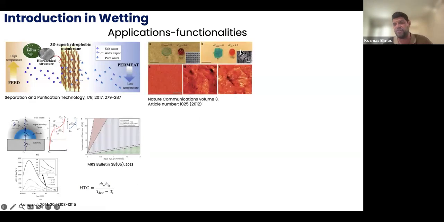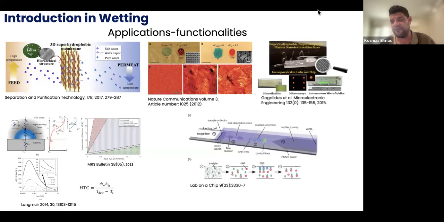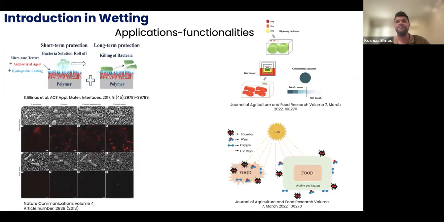Of course, I can tune fabrics or other membranes to absorb or repel water or other liquids according to my needs. And of course, I can incorporate these kind of surfaces into new devices and produce new diagnostics for food, health, environment monitoring, for a wide range of applications.